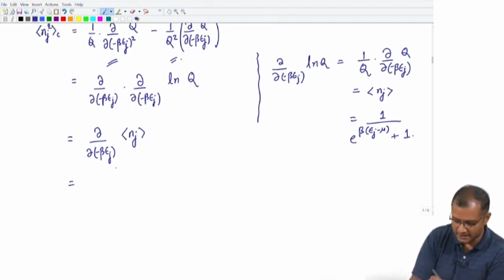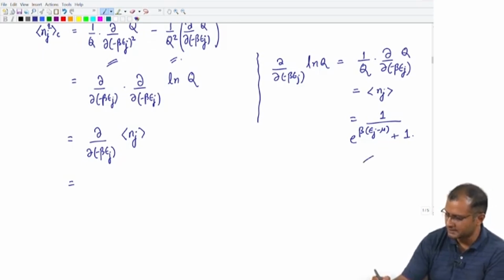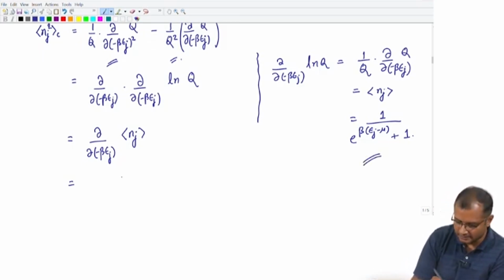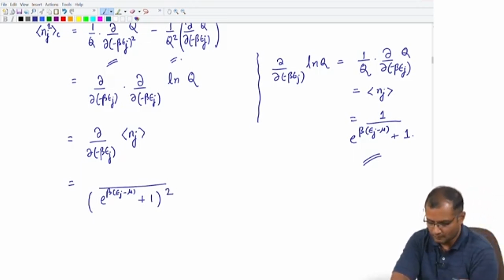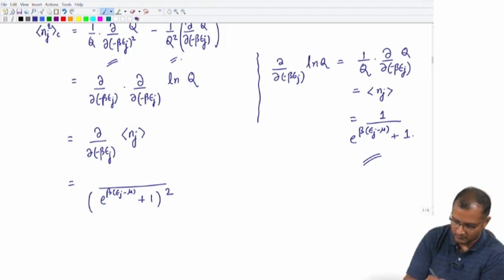So, if I use this definition, this derivative can be written as e to the power beta E j minus mu over the whole square.